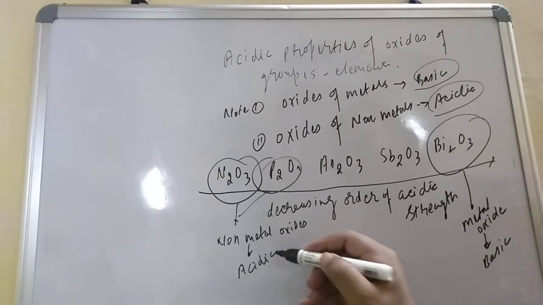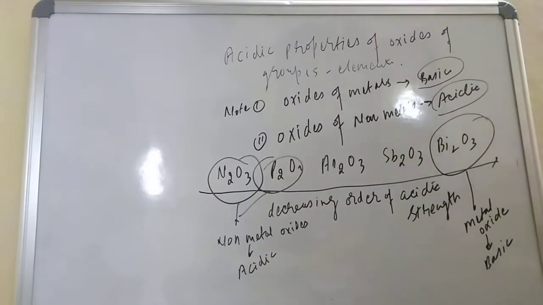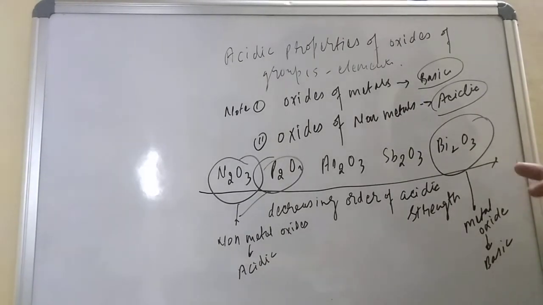So oxides of nitrogen and phosphorus are purely acidic, while Bi2O3 is purely basic.